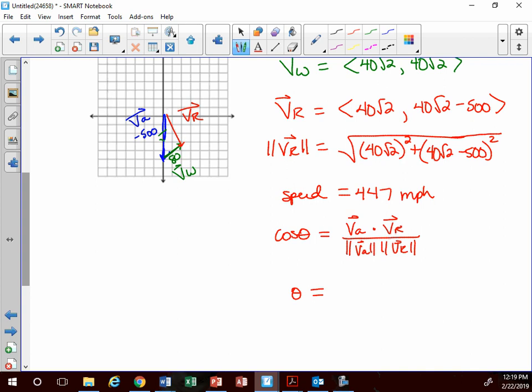You don't need to do the square root of that. This is a 45. I got 97.76.